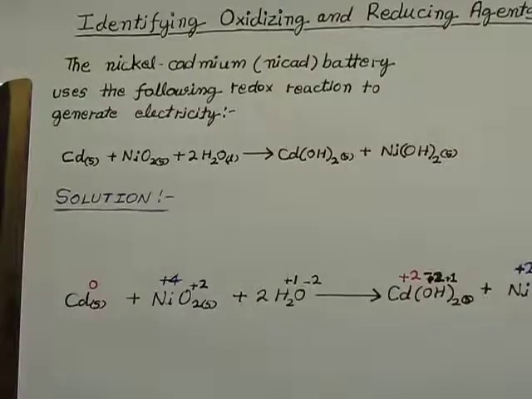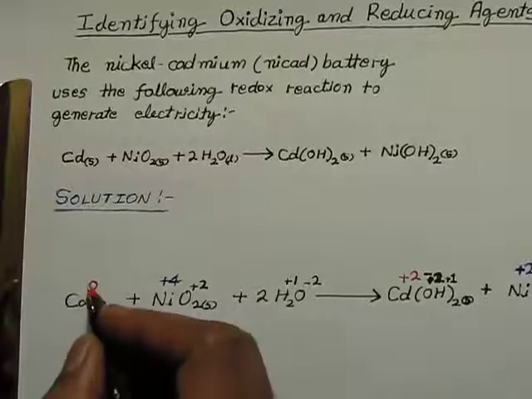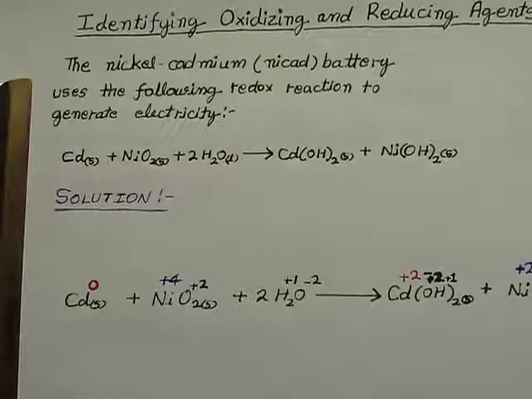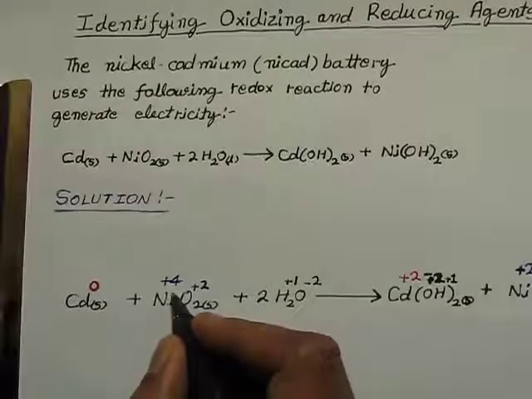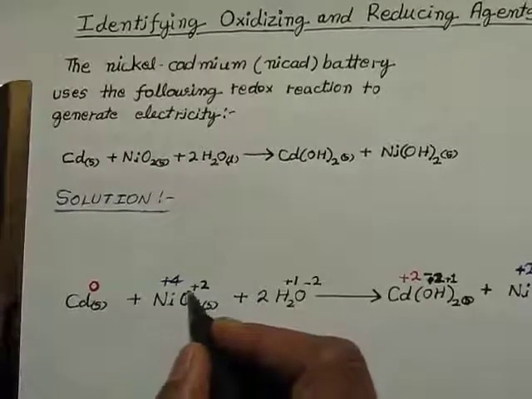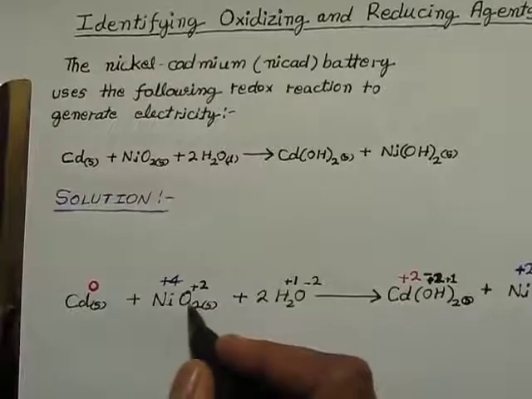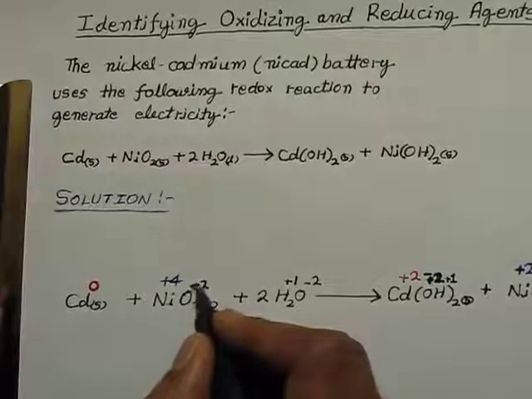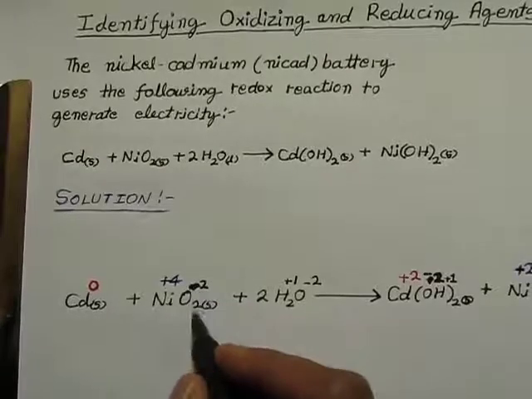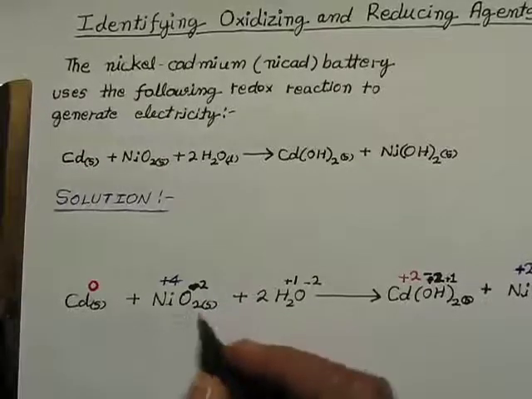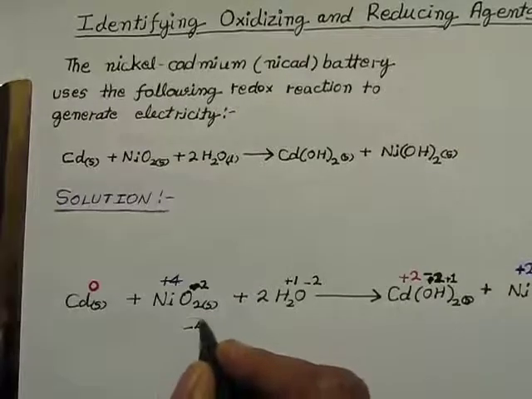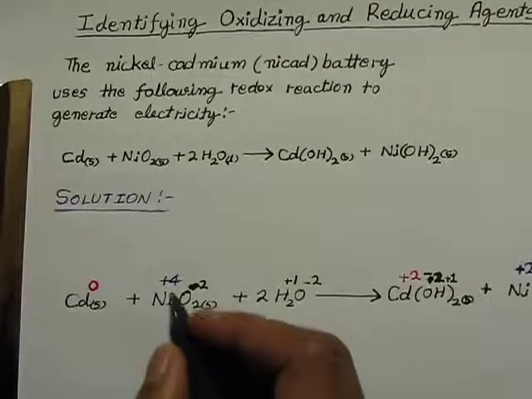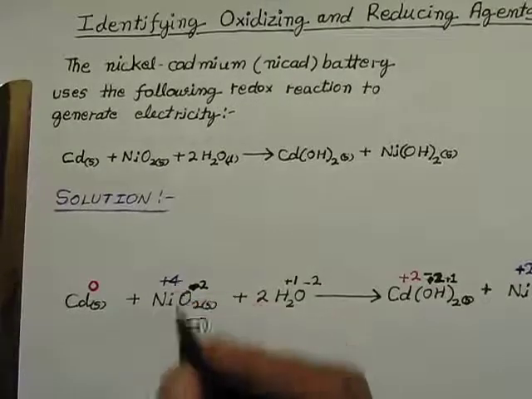Cadmium is in elemental form, therefore its oxidation state will be 0. Nickel will be +4 because oxygen has -2, and there are 2 oxygens, so a total of -4 for 2 oxygens, and to balance that nickel has +4.